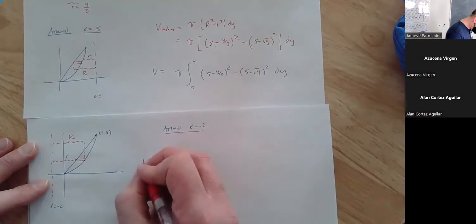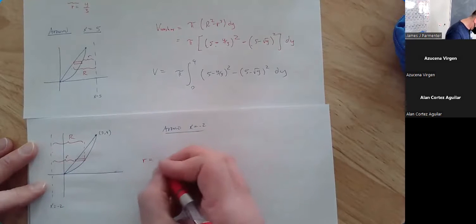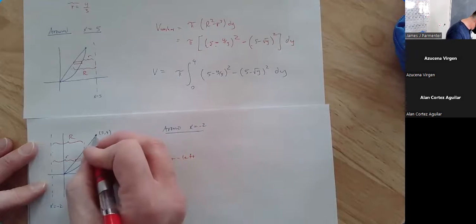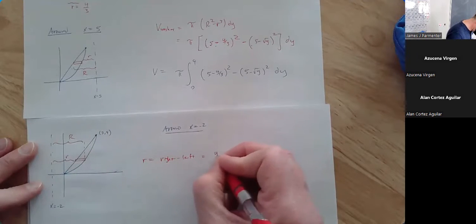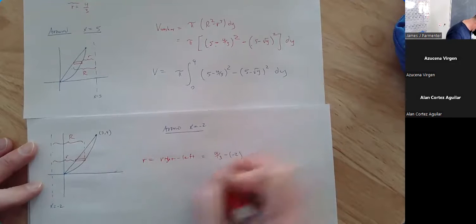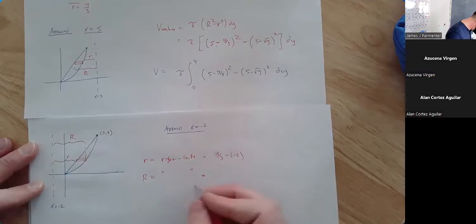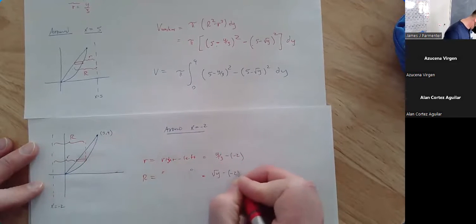The inner radius is right minus left, so it's y over 3 minus -2. And my outer radius is also right minus left, which is square root of y minus -2.